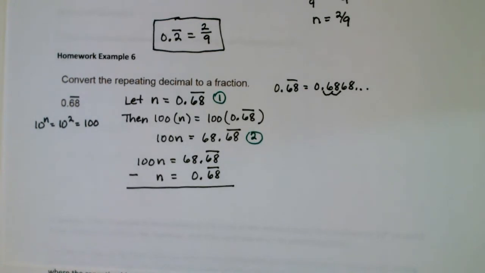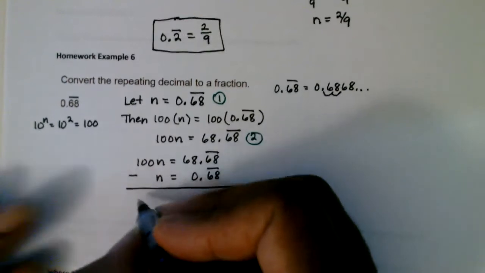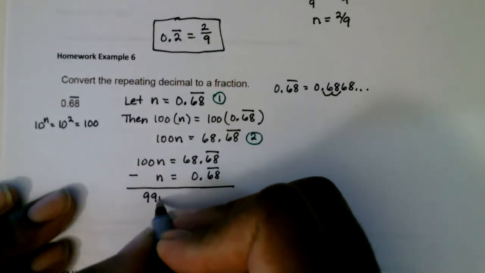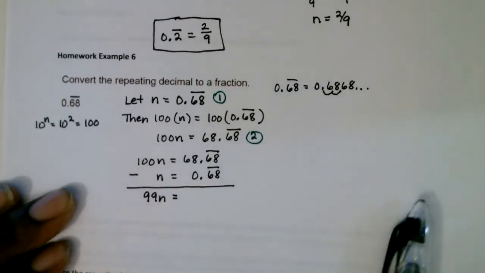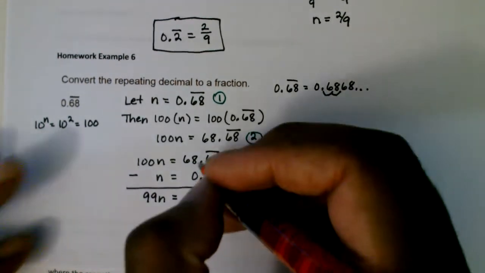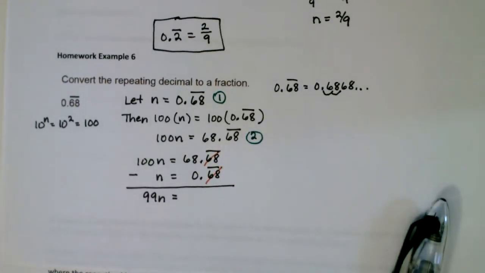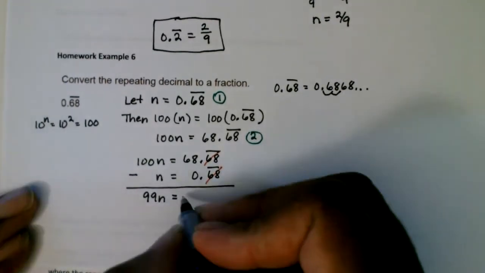And then we subtract those 2 equations. 100n minus 1n is 99n, equal to 68.68 repeating minus 0.68 repeating. The repeating part is gone. I'll be left with 68.